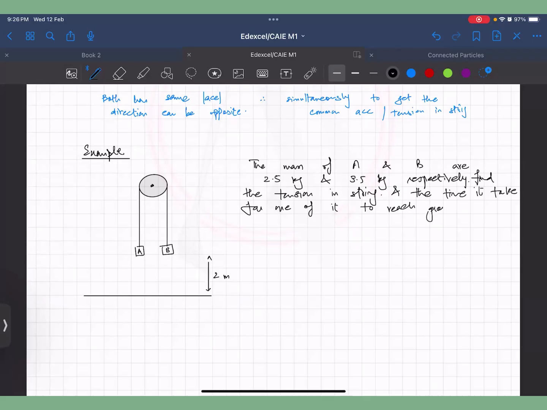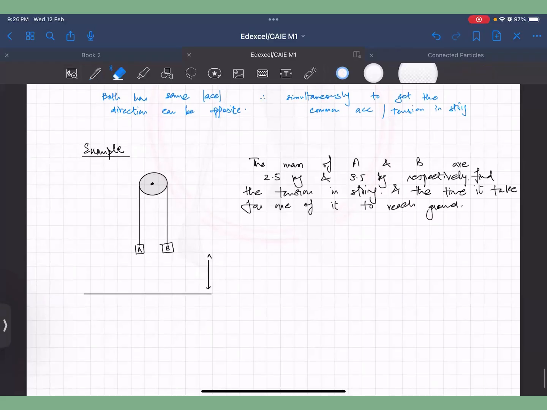We don't know right now which one would reach the ground. Definitely one would go down, the other would go up, because these are connected. So let's reduce this distance and make it 0.75 meters.